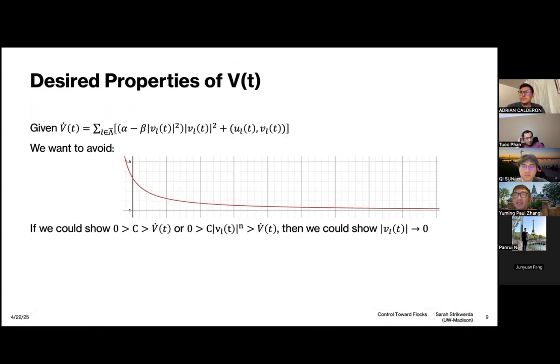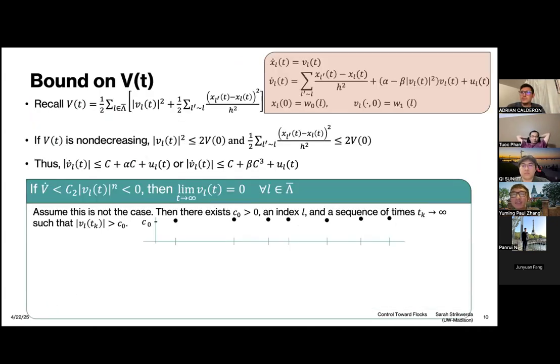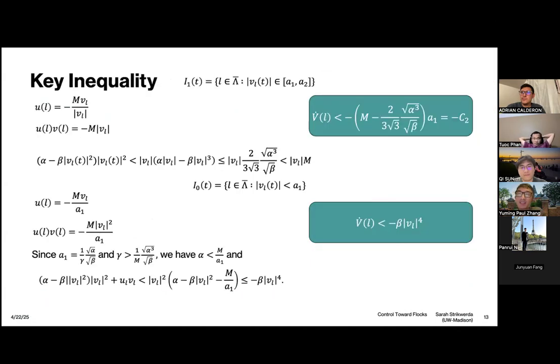Yeah, let me find it. So right here, for example, when you use this control U_L, we're looking at the Lyapunov function and trying to show that it goes to zero. So we want to show that this V dot L is going to be less than some constant.